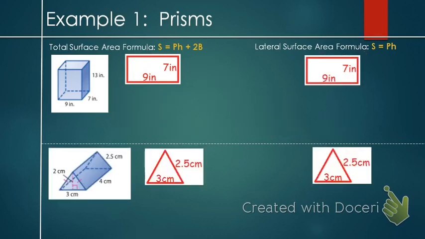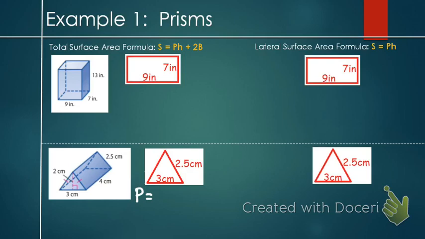Okay, our next one is a triangular prism. It involves the same formula since it is still a prism. So we're going to find first the perimeter of our base. To find the perimeter of a triangle, we need to add up all our sides.